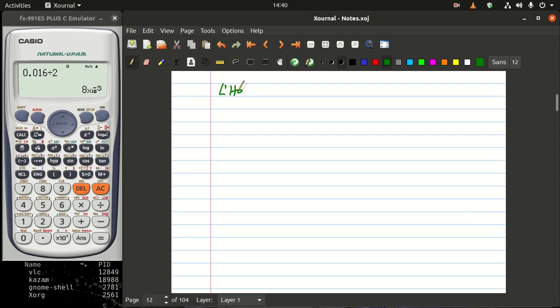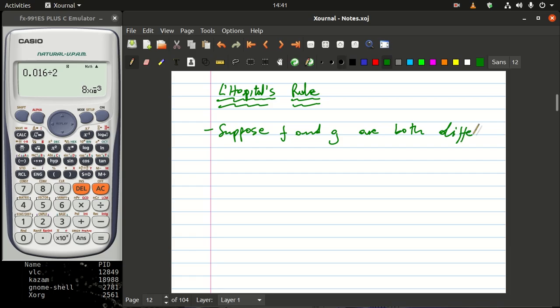So we have L'Hopital's rule. It's not Hospital's rule, it's L'Hopital's rule. What L'Hopital's rule is saying is this: suppose f and g are both differentiable functions.